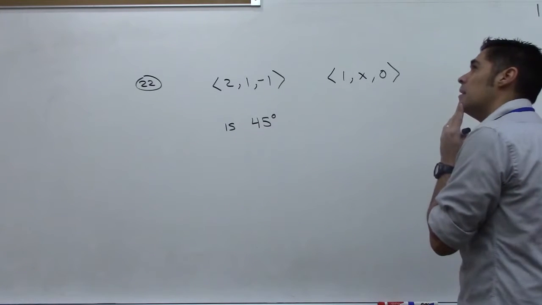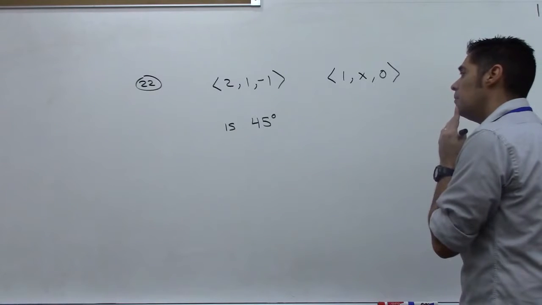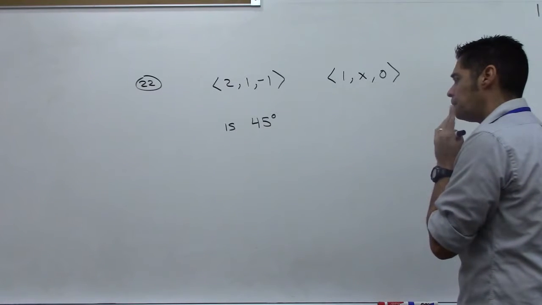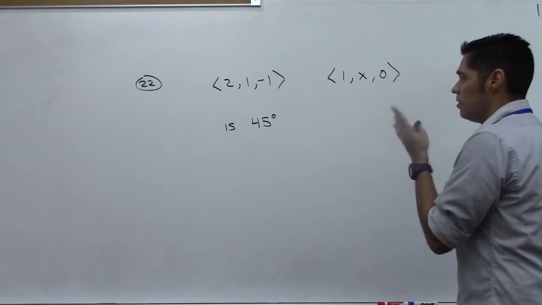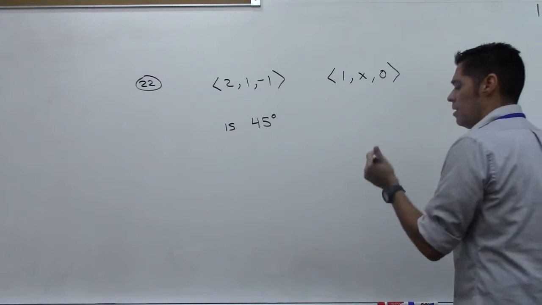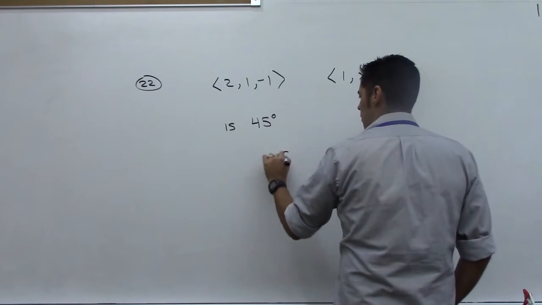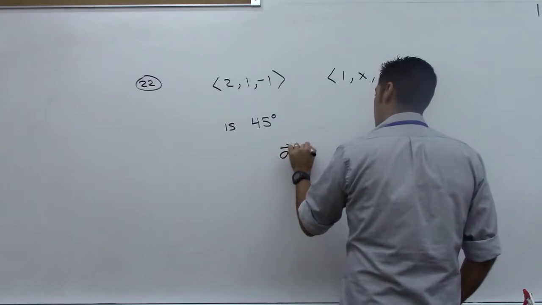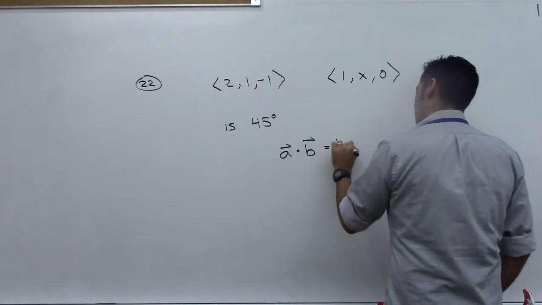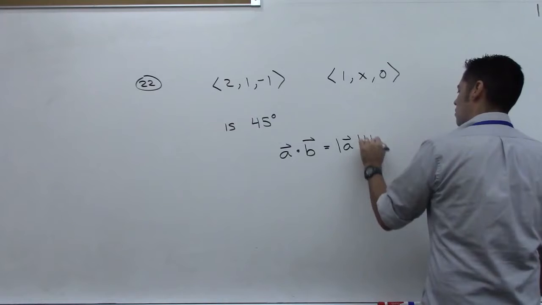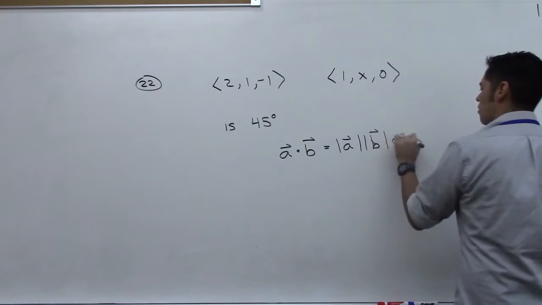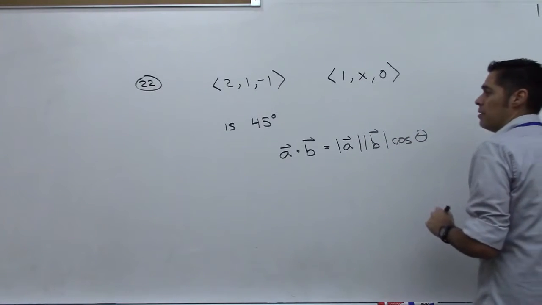So what does it mean for it to be 45 degrees? Well, several ways we could look at this. We know this formula, A dot B must equal magnitude of A times magnitude of B, cosine of the angle between the vectors. We know that equation.